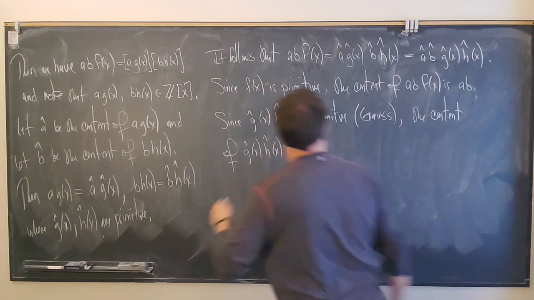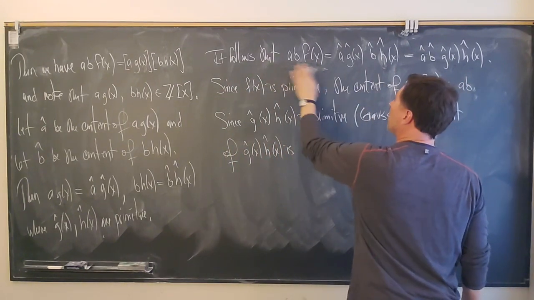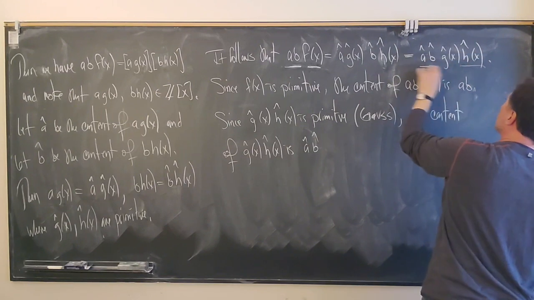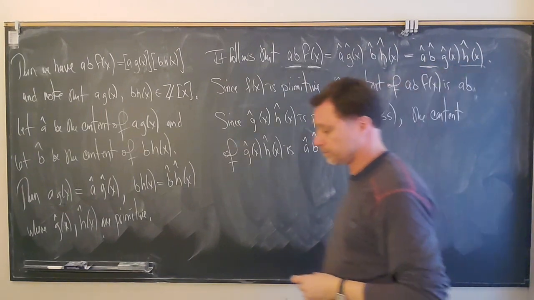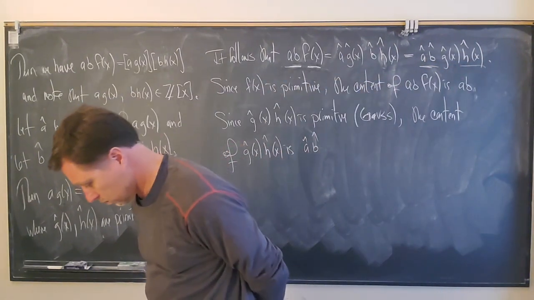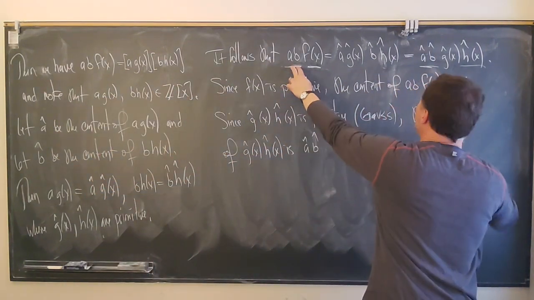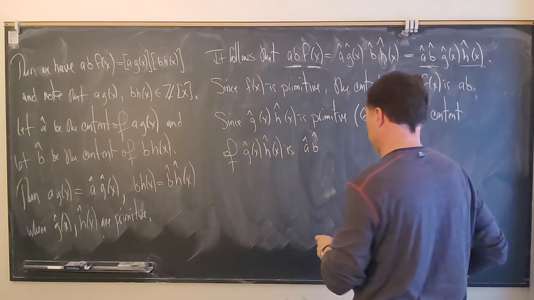So now what are we looking at? We've got a primitive polynomial, or constant times primitive polynomial, constant times primitive polynomial. What does that force us to conclude then? It forces us to conclude that AB is equal to a hat b hat.